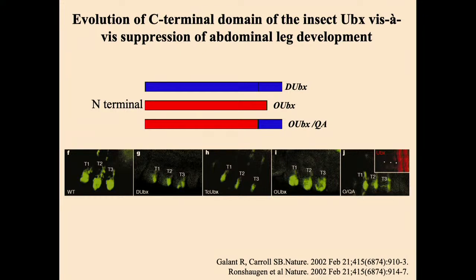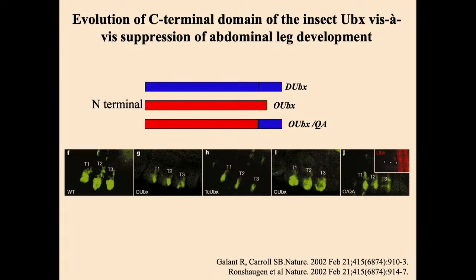Now, if you make a chimeric protein, taking the N-terminus of the non-insect arthropod UBX and only the C-terminus of insect UBX, this protein can suppress limb development.